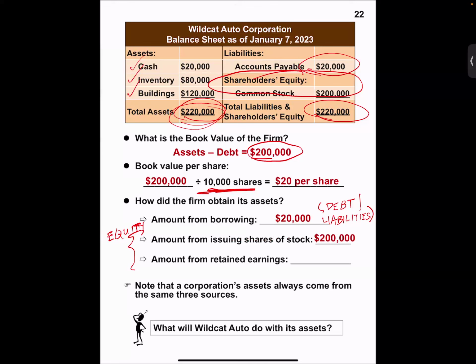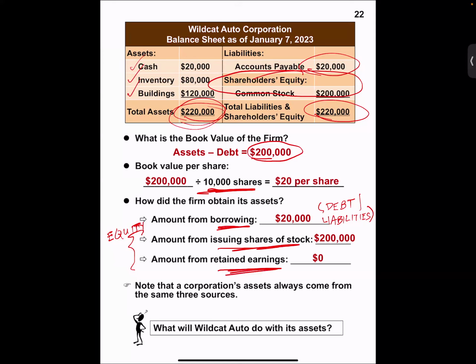And at this point, the company has no retained earnings. But later on, obviously, we'll see companies that do have retained earnings. These three items, from borrowing, from issuing shares of stock, and from retained earnings, will always be the three sources of how a company obtains its assets.